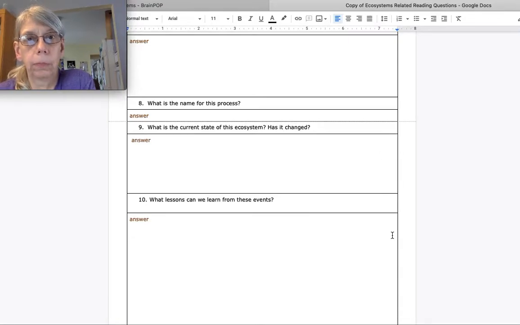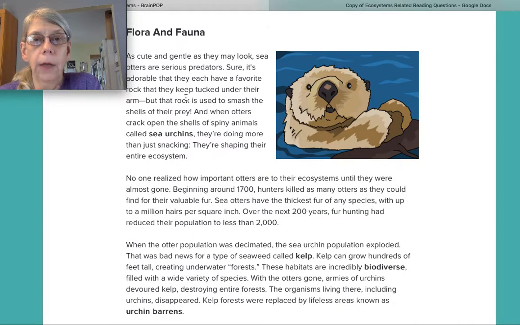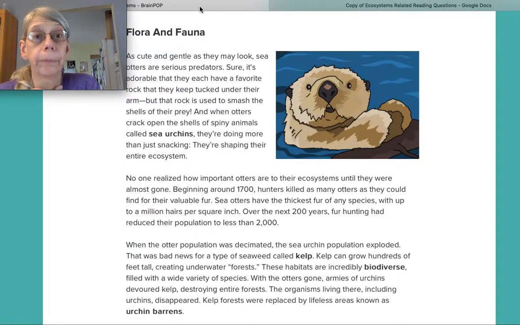All right? If you're not sure how to answer any of these questions, you can always ask me for some help. But I think they'll make more sense once we do the reading. And the other thing to keep in mind is, if you have them both open, you can go back and forth. Pick a question, go back to the reading, find the answer, type it in, try another question, come back.